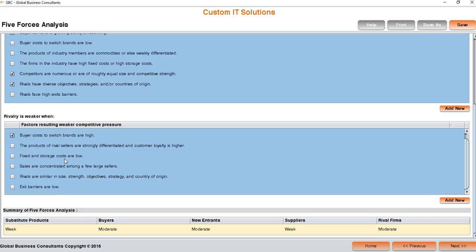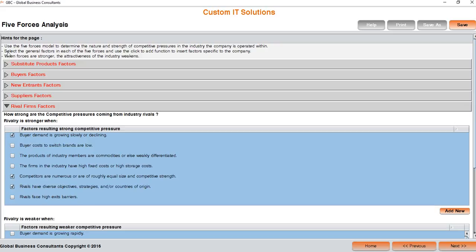The products of rival sellers are strongly differentiated and customer loyalty is high. Absolutely. Fixed and storage costs are low. Not entirely. Well, that is true actually. Sales are concentrated around a few large sellers. Not entirely true. And exit barriers are low. Yep, absolutely. So there you have it. That's my 5 forces of competition analysis.